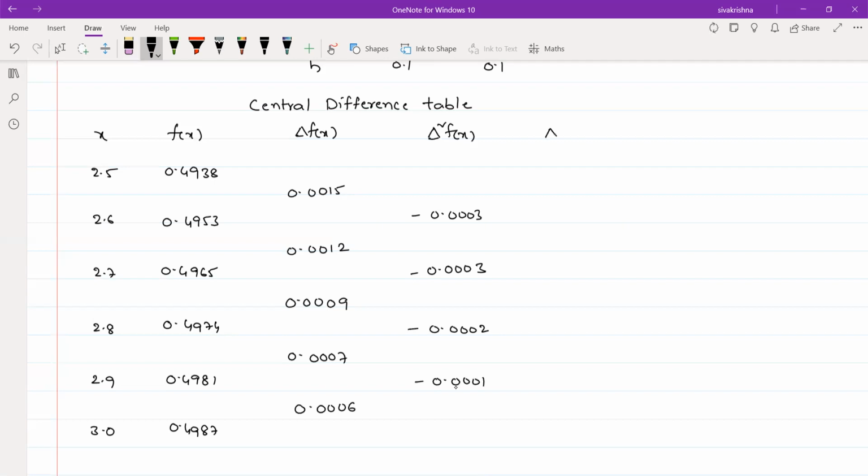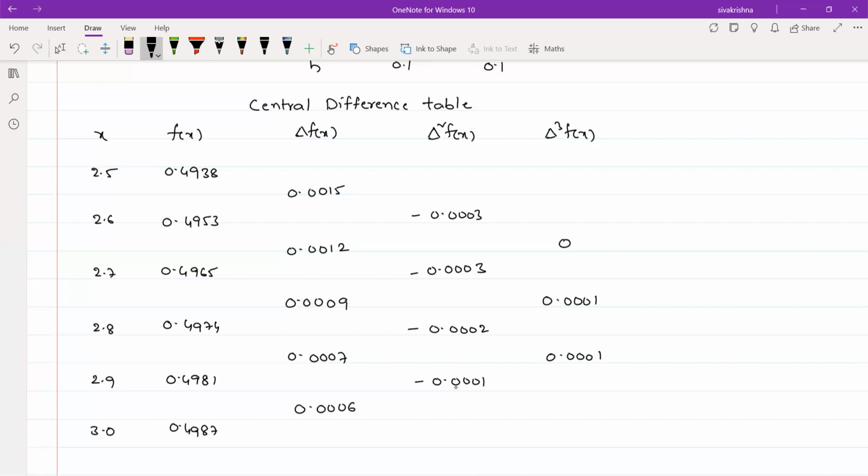So coming to the third differences, delta cube f of x. The first one is 0. Whenever we subtract minus 0.0003, minus of minus means plus, so it gets cancelled and we get 0. And coming to the next one, we get plus 0.0001. And the next value is also 0.0001.